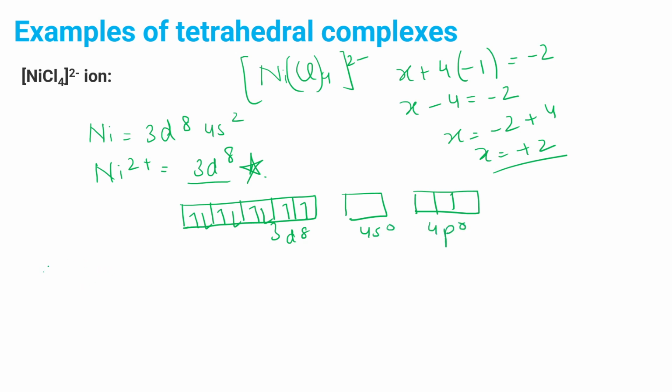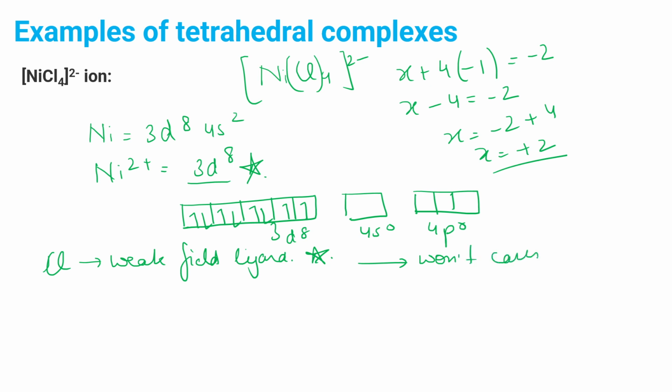Now, if ligands are coming, chloride is a weak field ligand, it won't cause pairing. That means these two electrons present over here will remain in this fashion only, and 4 chloride ions will donate electrons in outer orbitals only.